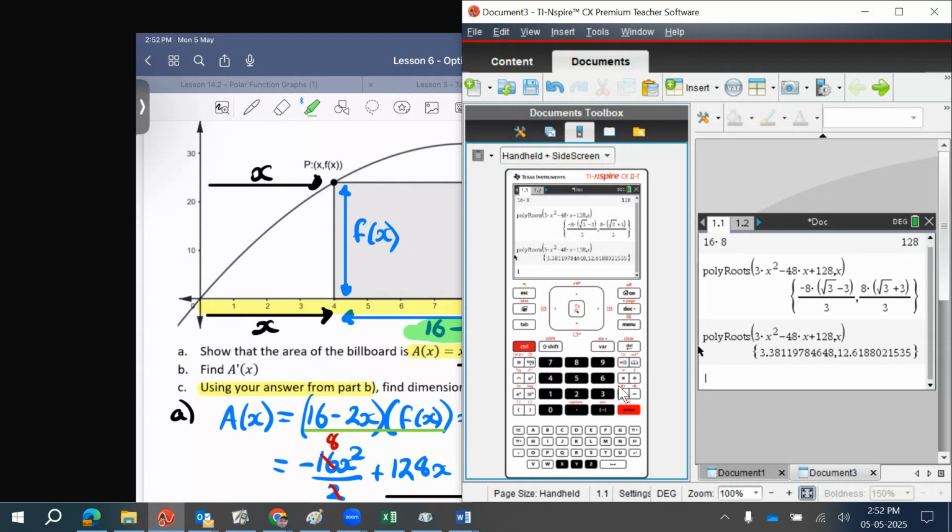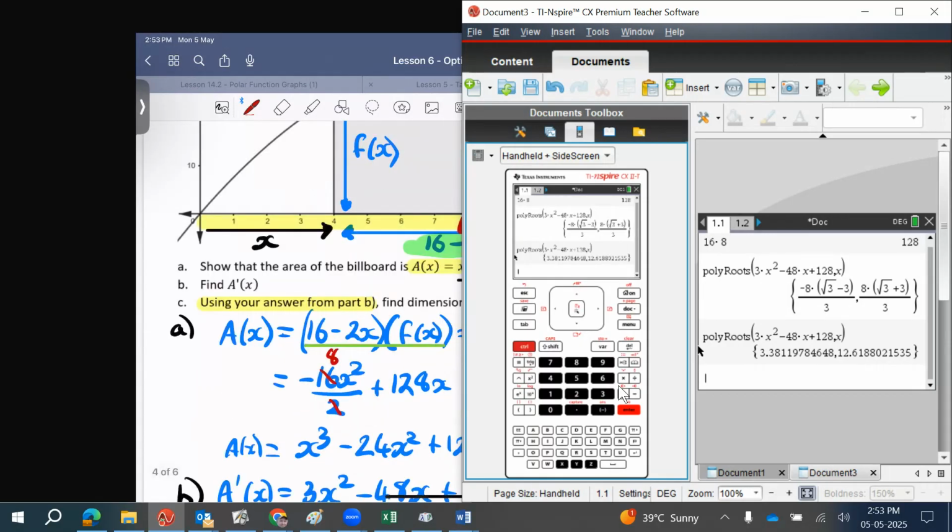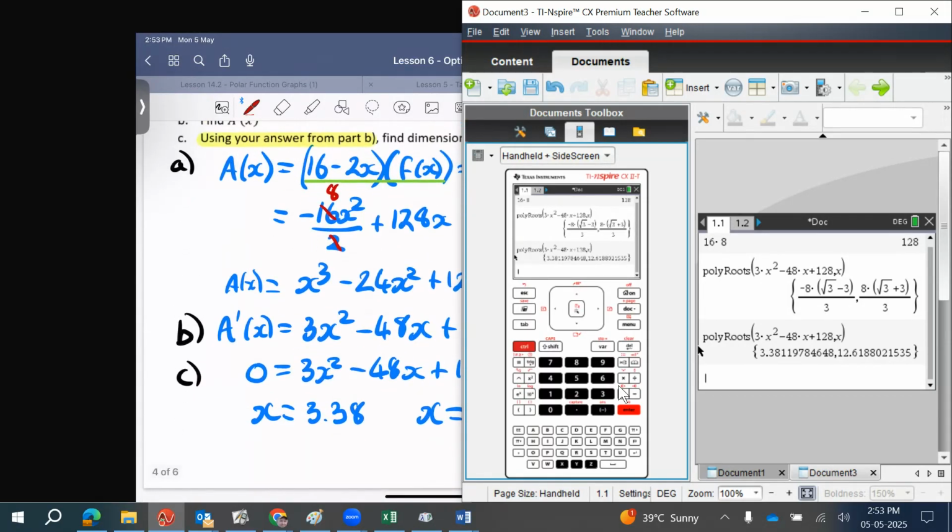Look at it, 16 minus 2 lots of x. Once x is equal to 8, this is going to be 0, and anything bigger than 8 is going to be negative. So this equation here is a constraint that means that x is less than 8. So I can throw this solution out by saying that x has to be less than 8. So the x coordinate has to be x is equal to 3.38.